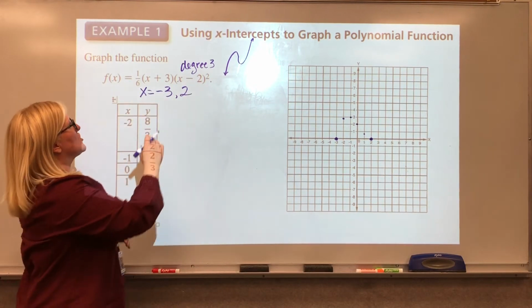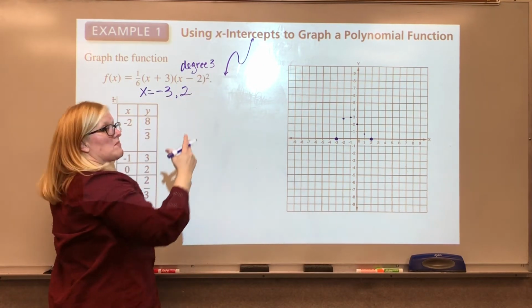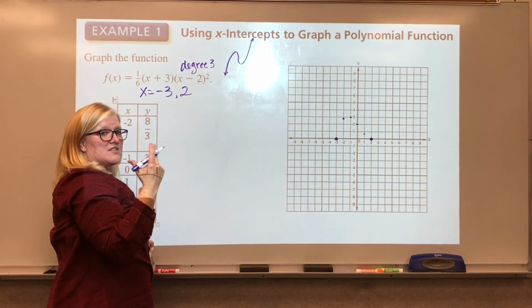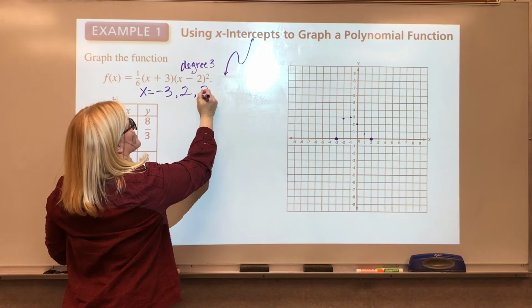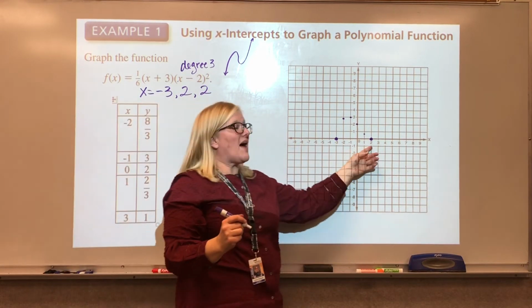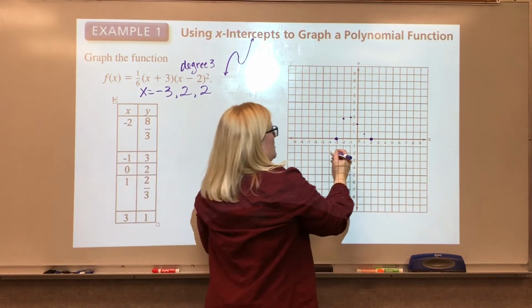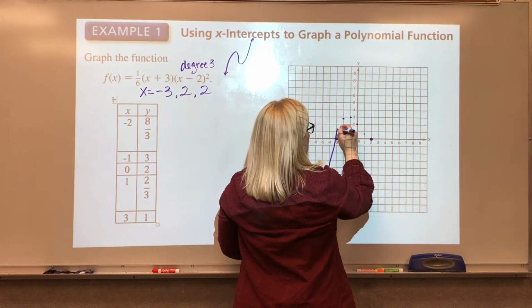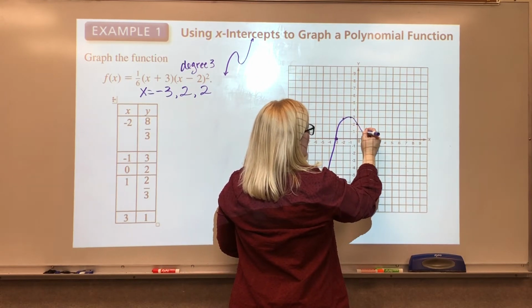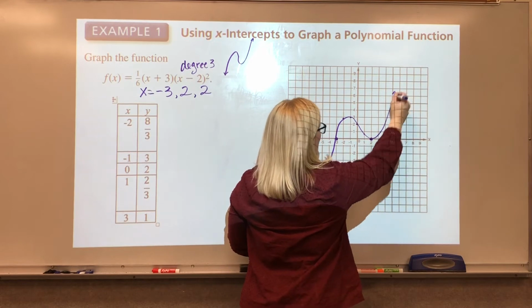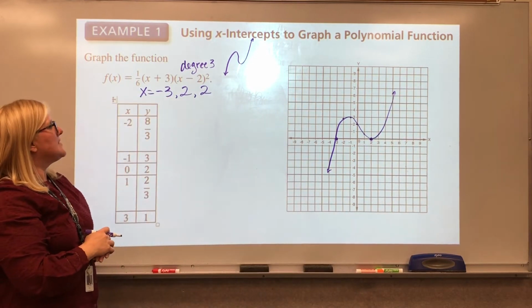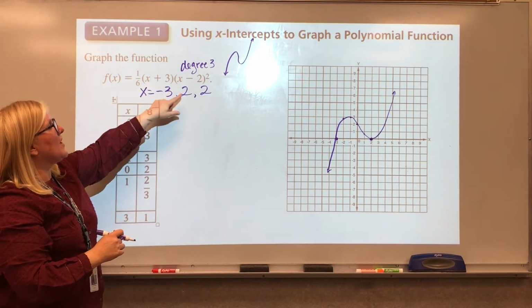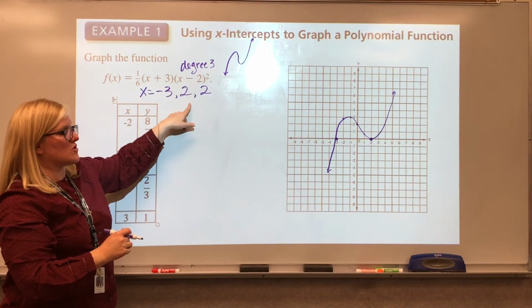If it's of degree 3, it means I have to have 3 zeros, right? So I've got -3, 2, and the 2 comes twice. So it's going to bounce off of this 2. So we're coming up like this, it comes down like this, bounces off, and keeps on going. But remember it's of degree 3 and we have a double here, so it bounces.